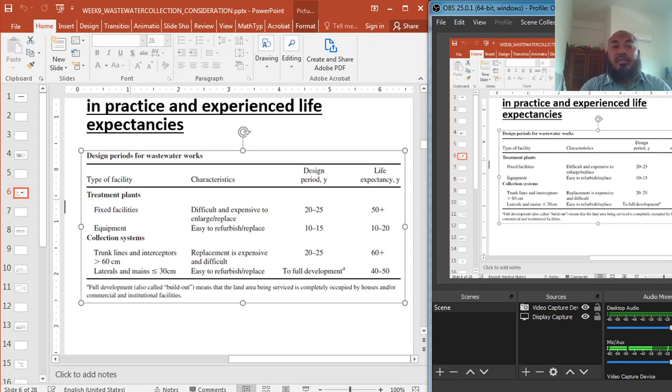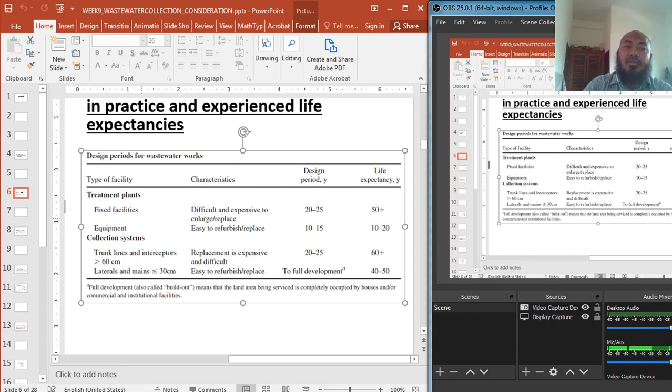A fixed facility is difficult and expensive to enlarge and replace, so the design period is around 20 to 25 years. For a treatment plant whose equipment is easy to refurbish or replace, the design period is maybe around 10 to 15 years.